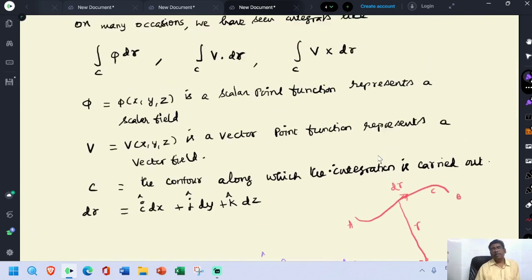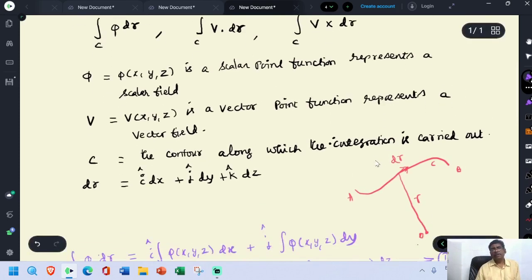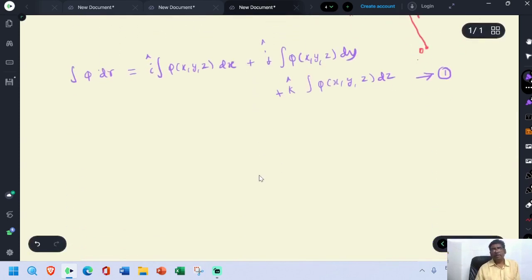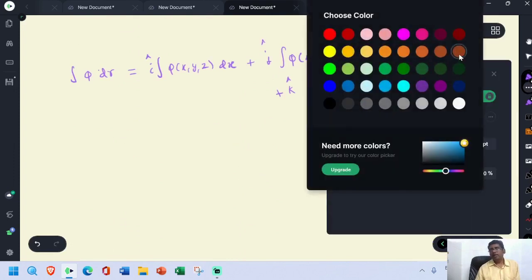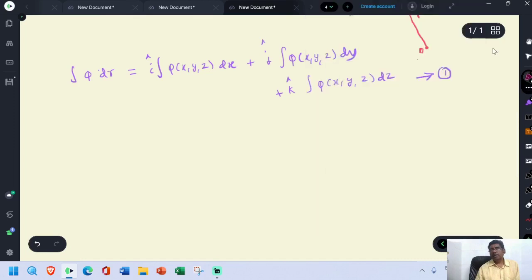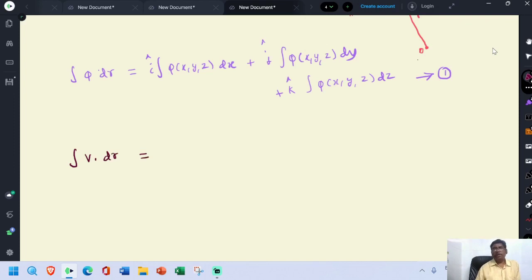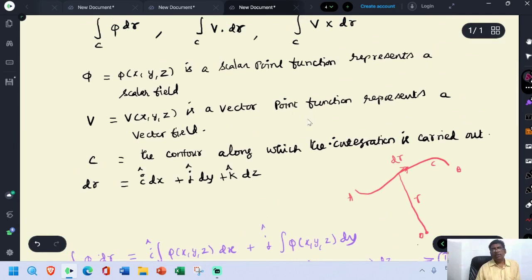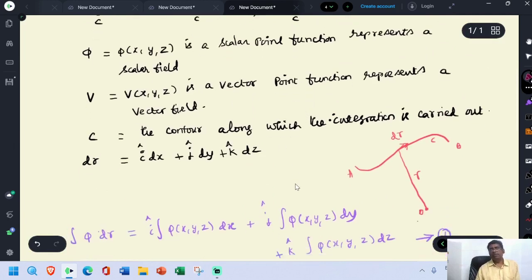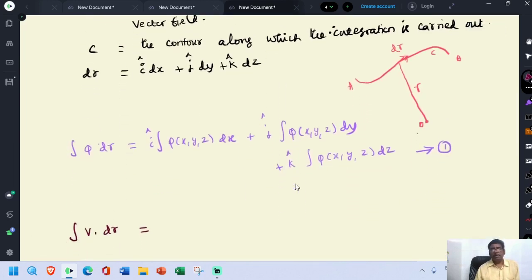Now come to the second case, integral v dot dr. Integral v dot dr equal to, see, v value is known to you, it is a vector point function: i into vx plus j into vy plus k into vz.